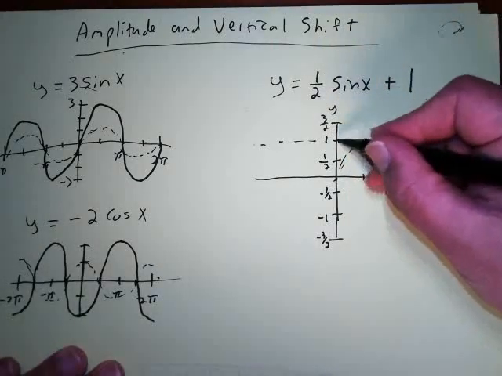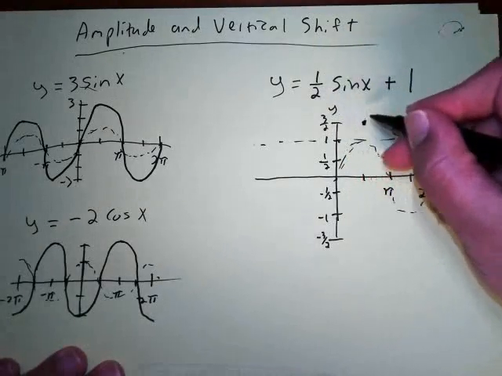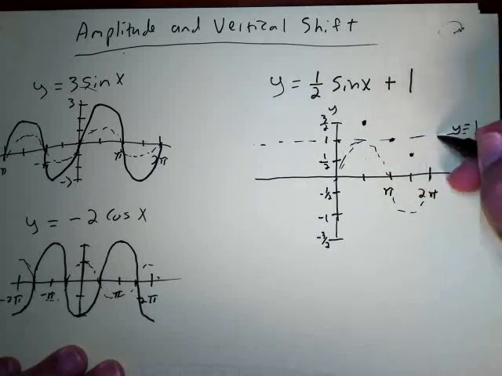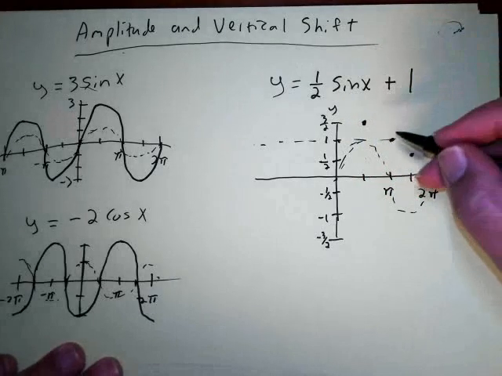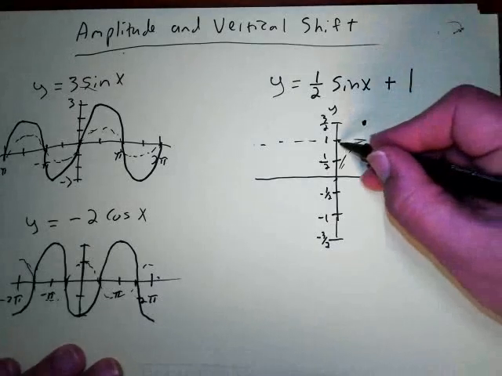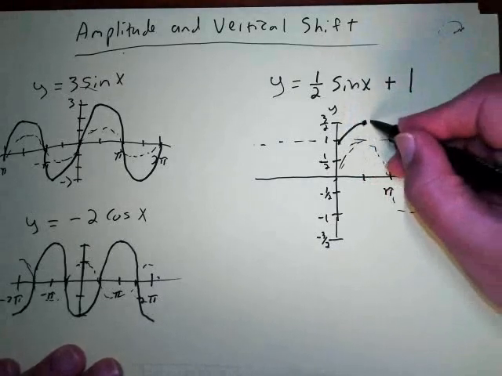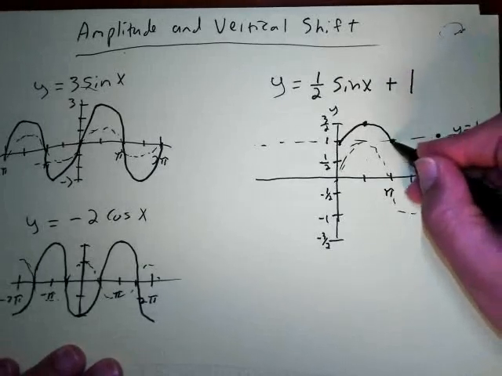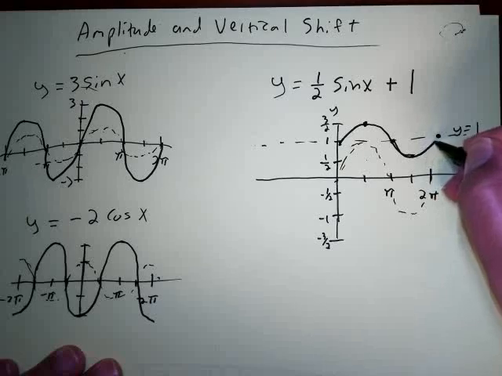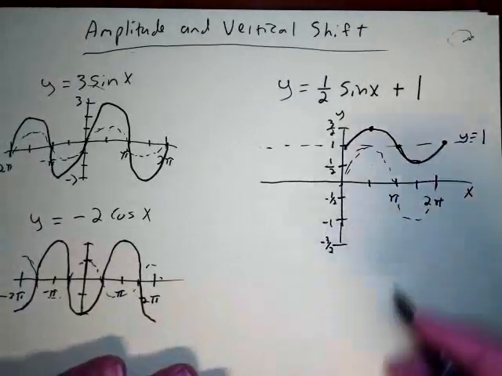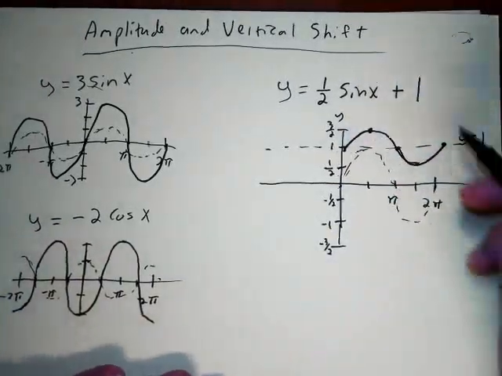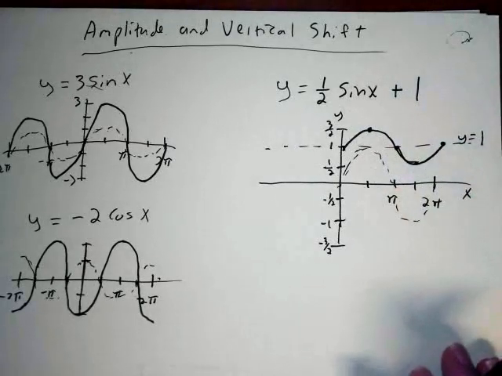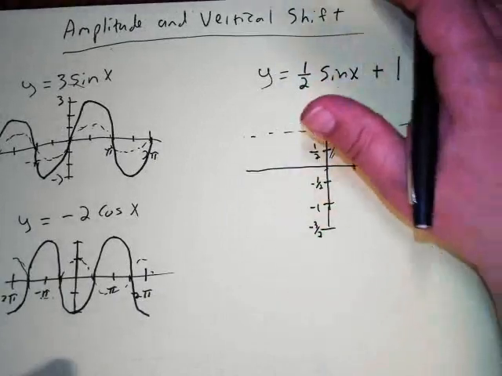So it'll start here, then it'll go up to 3/2, back down to 0, down to 1/2, and then back up. And that's not 0. I called it 0, but that's really 1, right? So it'll look like this. Okay, and so it's now oscillating between 1/2 and 3/2. Okay, and so that's the vertical shift. You can move it up and down.